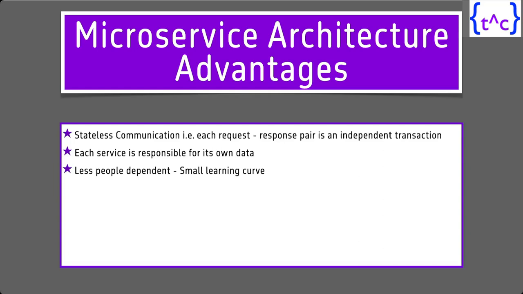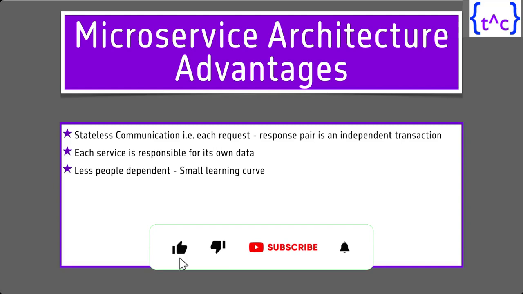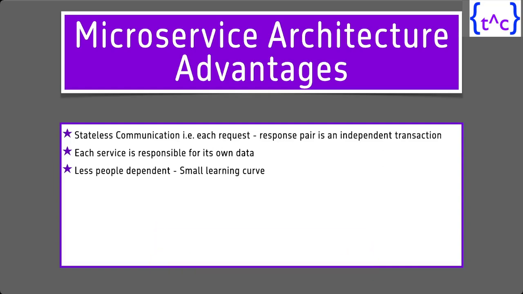It is less people dependent or a small learning curve. Both points satisfied here. Why? Because services are small. So each service's development and testing teams are small and they need to know only that service, right? Since services are small, so learning curve will automatically become smaller because smaller things are there to learn. Few set of features, small code base is there to understand, and that makes it less people dependent, right?